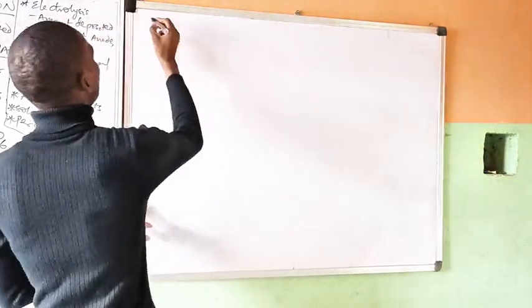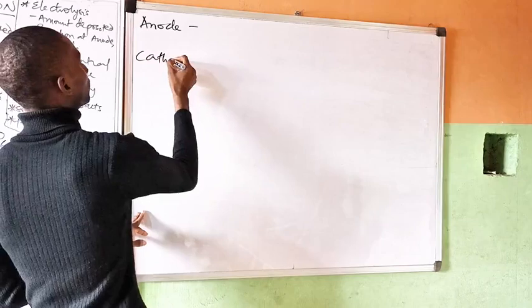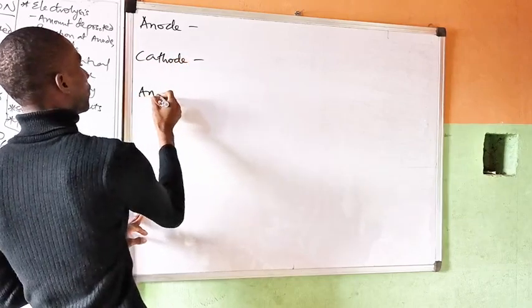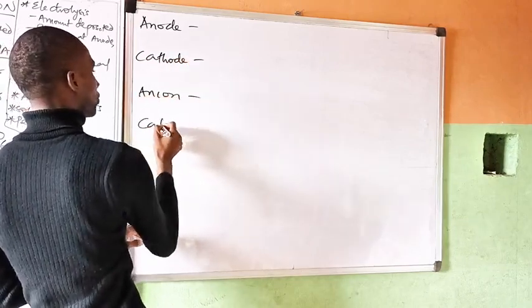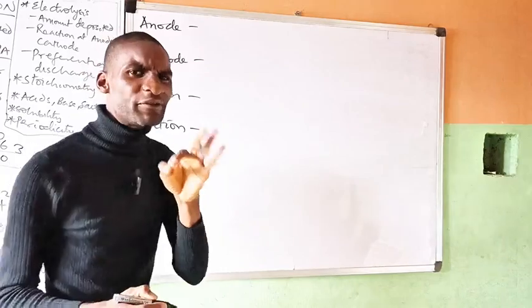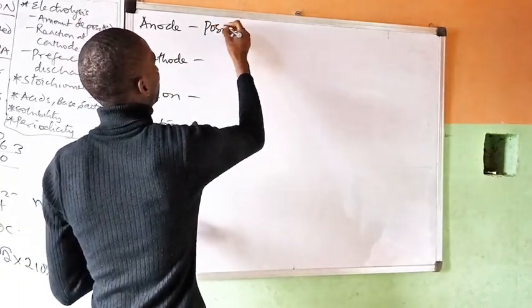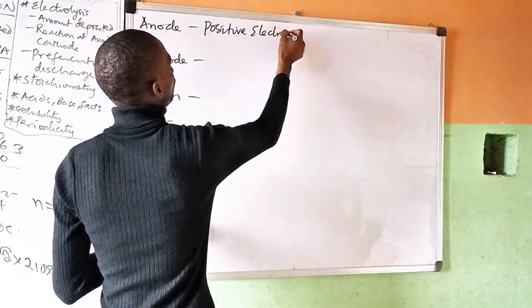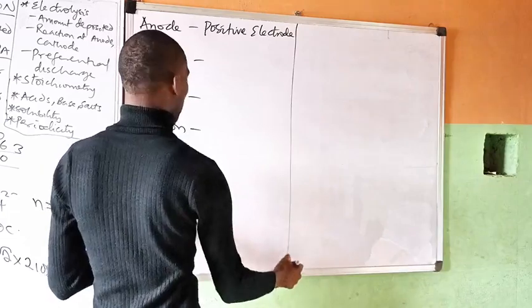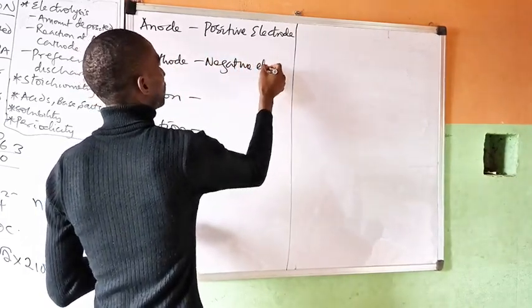The first thing you need to know: what is anode? What is cathode? Then what is anion? What is cation? They can ask you to explain any of them. The anode is the positive electrode. Cathode is the negative electrode.